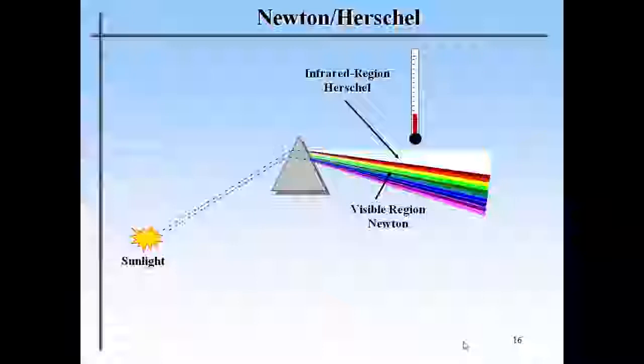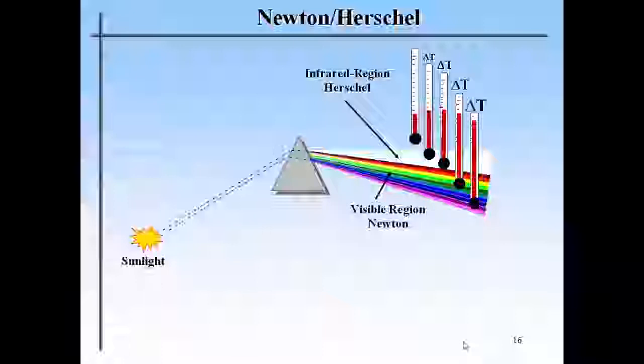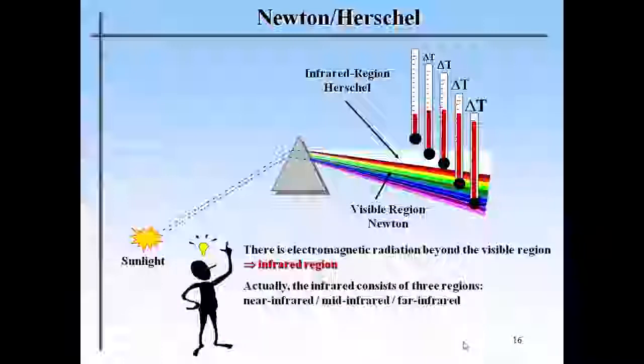And then he gradually moved it into the visible region, and he realized that the temperature is increasing. So from this, he concluded that there is electromagnetic radiation beyond the visible region, which is actually near infrared, mid-infrared, and far infrared. And I realize some of you have just been in the terahertz talk. Terahertz is far infrared.